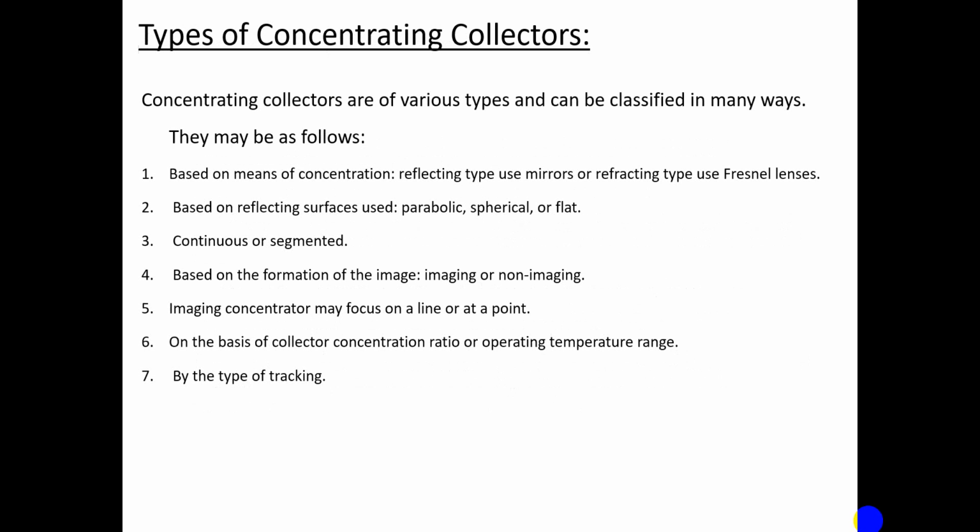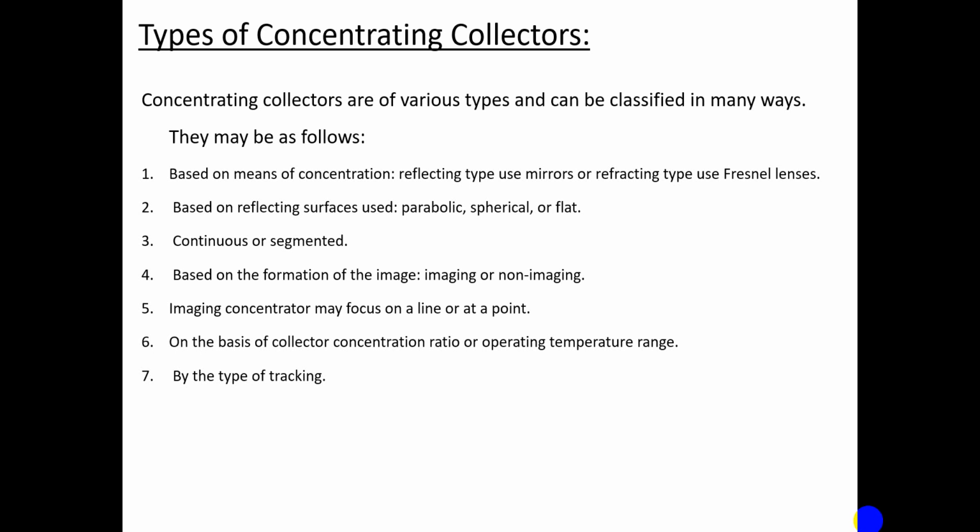Types of concentrating collectors we can categorize based on the concentration level. Reflecting types use mirrors, or refracting types use Fresnel lenses. Based on the reflecting surfaces used, parabolic, spherical or flat type concentrating collectors. It may be based on continuous or segmented concentrating collectors.